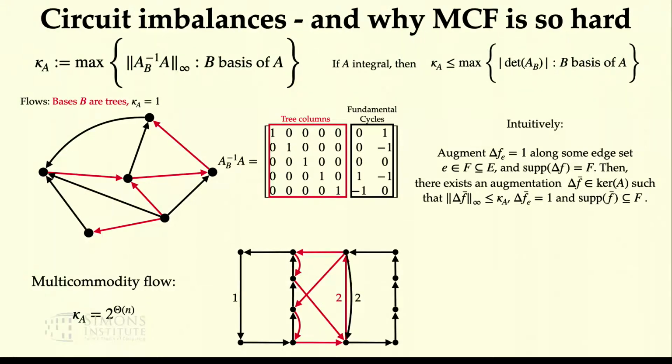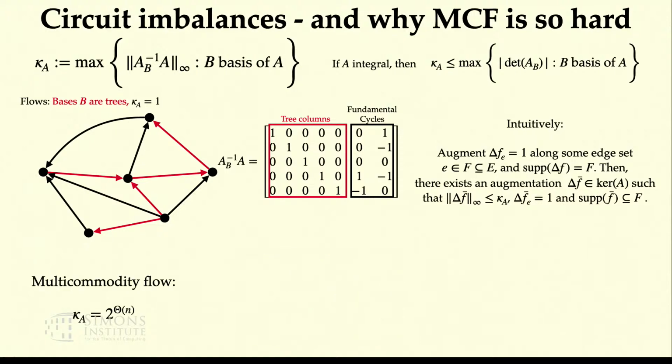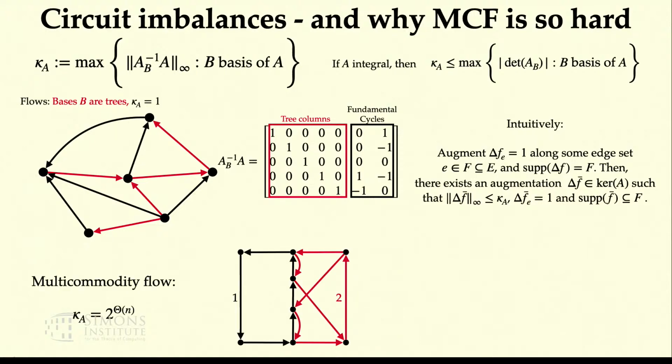So I have to fix it, and I fix it by using the second commodity and routing 1 unit of flow in the other direction, so that the total difference in capacity here is 0. Now, when I do that with the second, red commodity, then I have to again fix the demands. And if I do that, then what I end up with is a flow of 2 over this arc here.